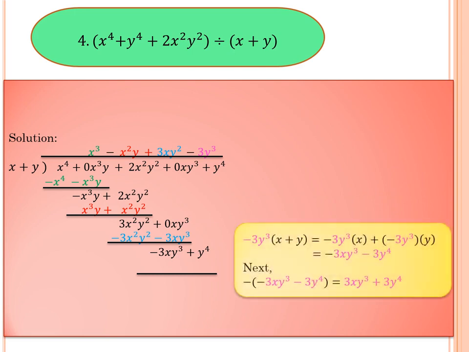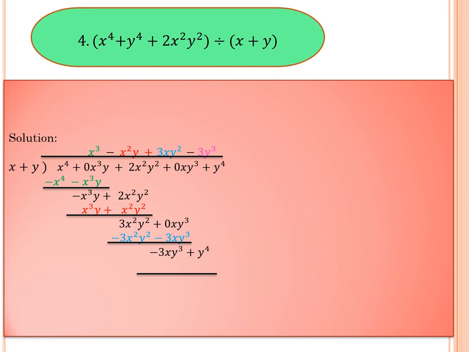So, we will have negative 3y cubed times x plus y will give us negative 3xy cubed minus 3y to the power of 4. Since subtrahen na naman siya ulit, so change natin siya ng sign. So from negative, magiging positive sila lahat. So that's why we have this one.